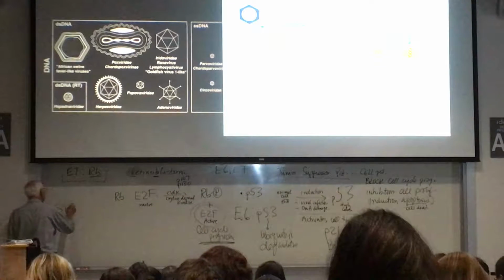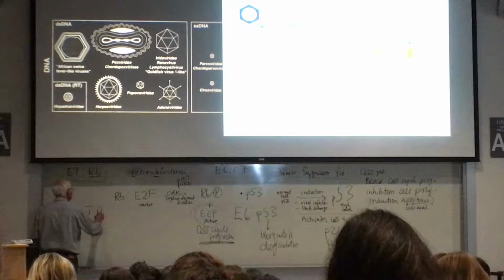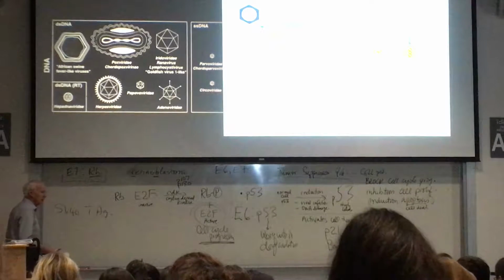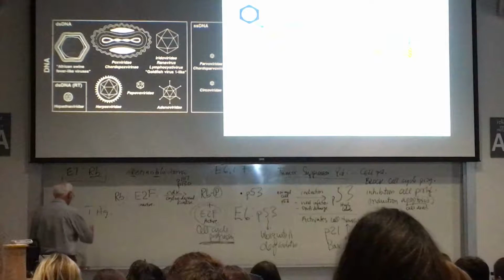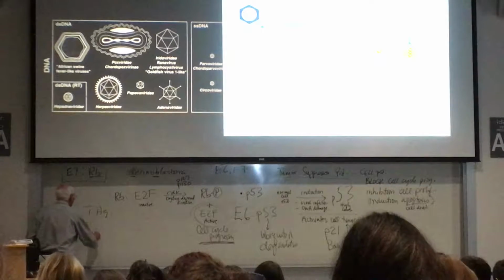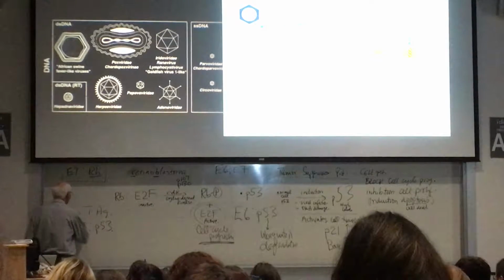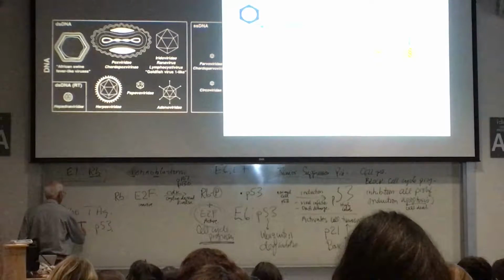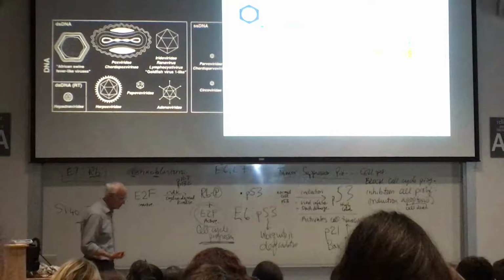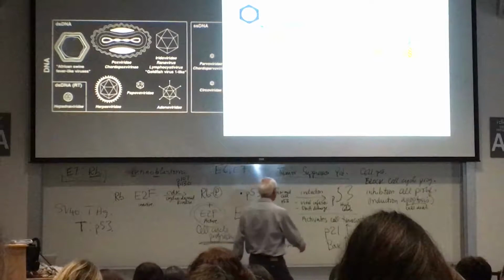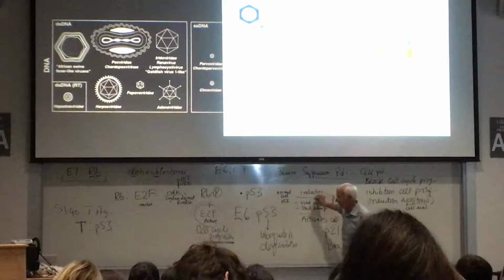But SV40 T antigen, I did introduce you to the fact that SV40 T antigen binds P53, and T antigen is a large tumor antigen that causes oncogenesis in those rodent cells by inactivating P53.